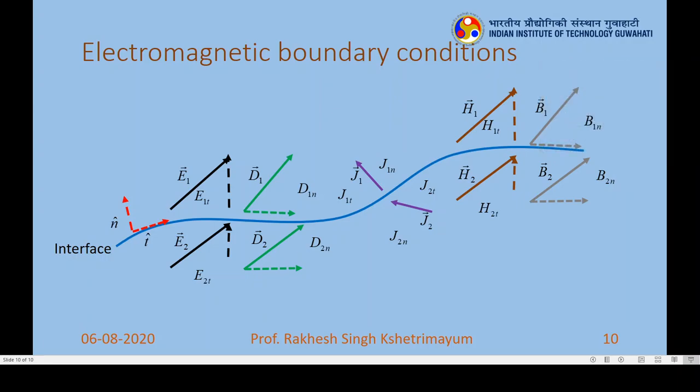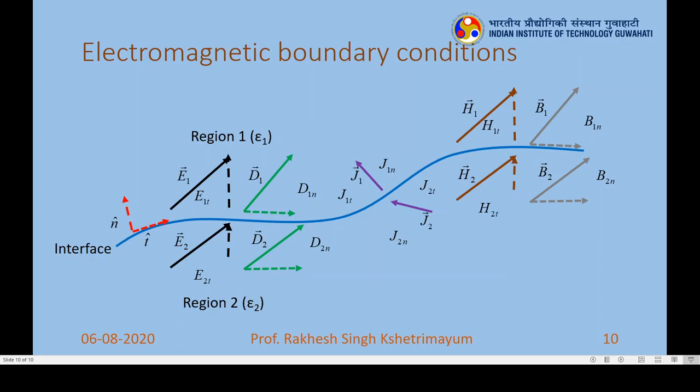Let us review the electromagnetic boundary conditions from this diagram. We have used this diagram at the beginning. Let us try to review all the boundary conditions. What is the first boundary condition? It has to do with two regions, region 1 and region 2, with epsilon 1 and epsilon 2. What was the electric boundary condition for these two regions?